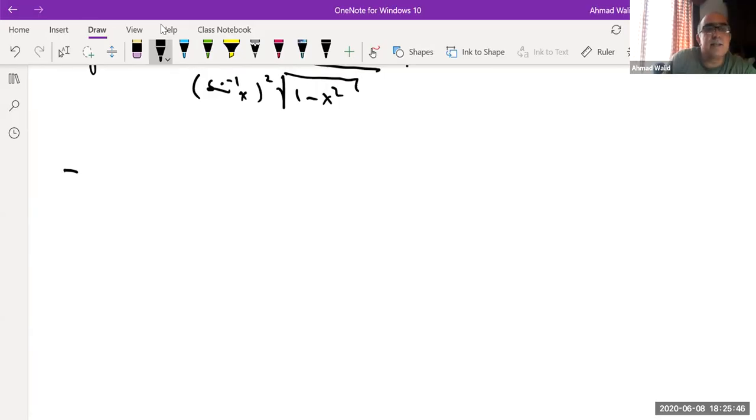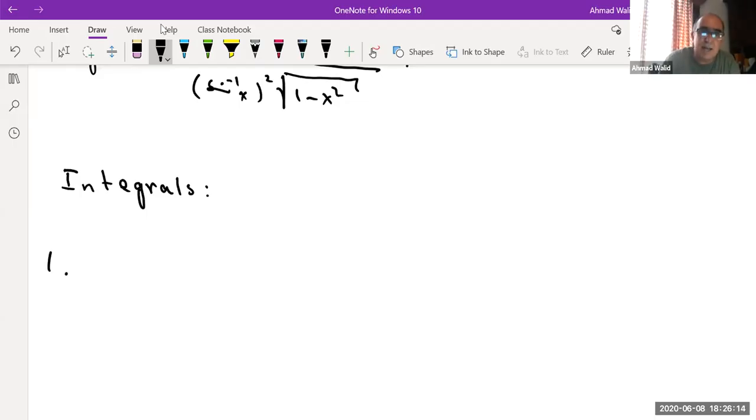Now, integrals. I shouldn't write all 6 for you because, again, remember the definition. Integrals and derivatives are inverse processes, right? Antiderivatives.